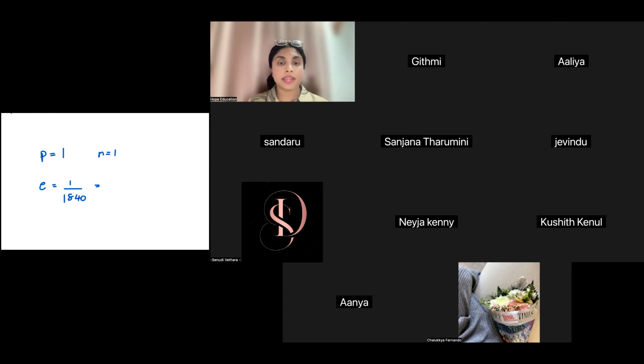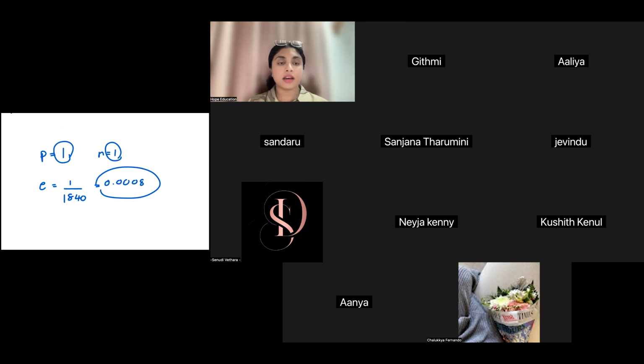Like 0.001, then something like 8. So now protons have a mass of 1, neutrons have a mass of 1, but electrons have a mass of 0.0008. Can you see that electrons have a very low mass comparatively?